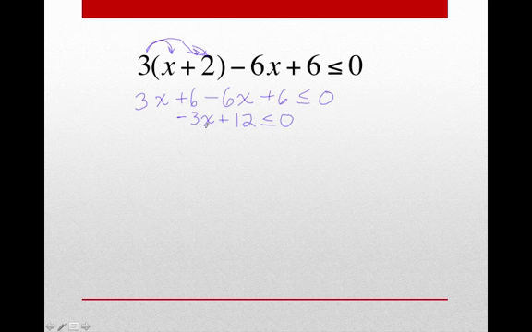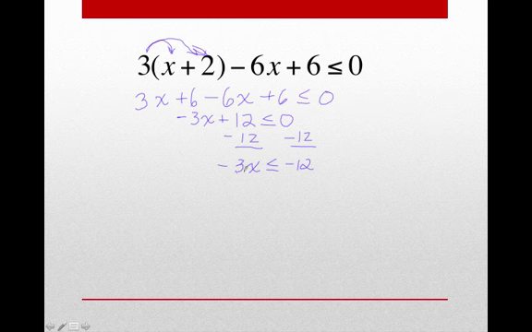All right, so now I've gotten down to having just two things or less on either side of my inequality. Now I can start isolating my variable. That means I need to get rid of my 12. Minus 12, minus 12. I end up with negative 3x is less than or equal to negative 12.